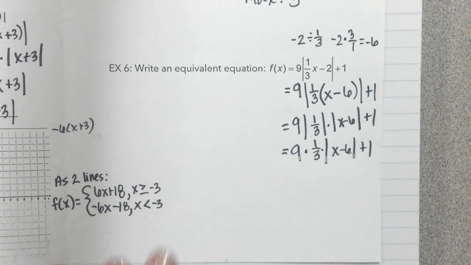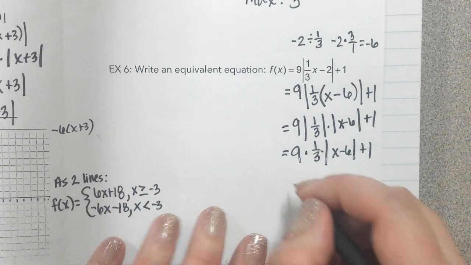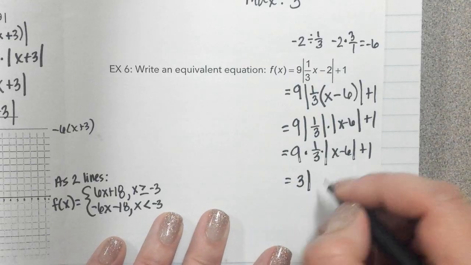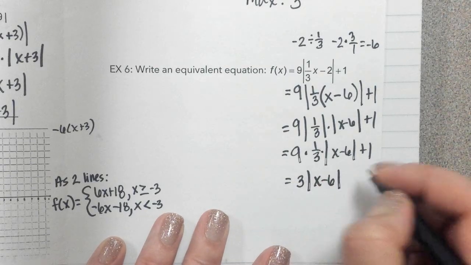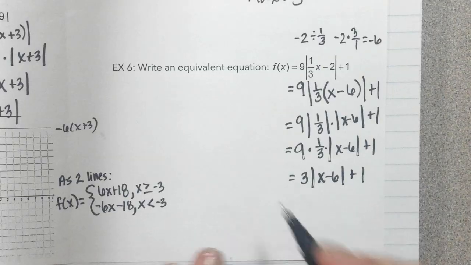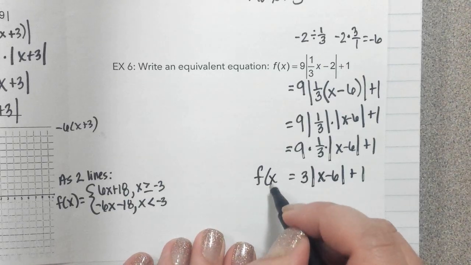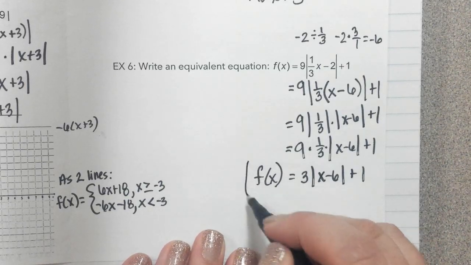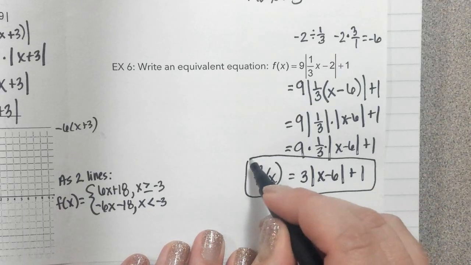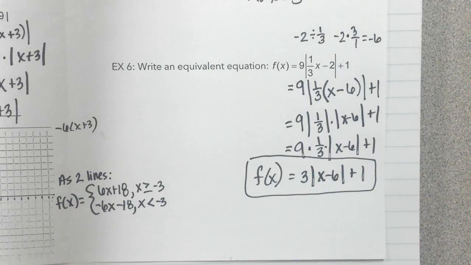What's 9 times a third? 3. So 3 absolute value of x minus 6, plus 1. Can't forget my f of x.